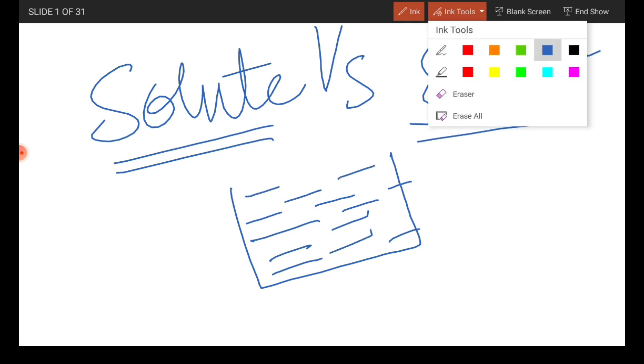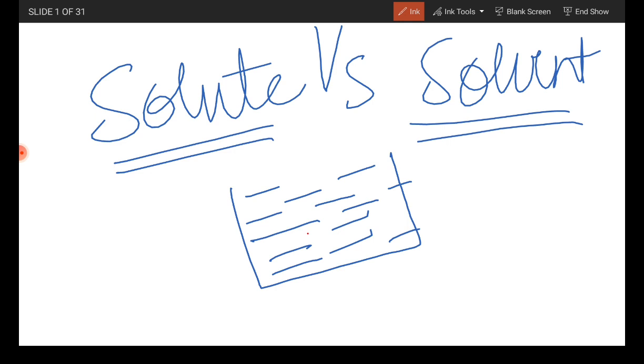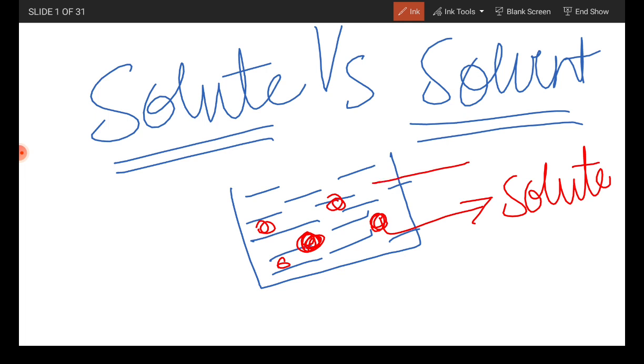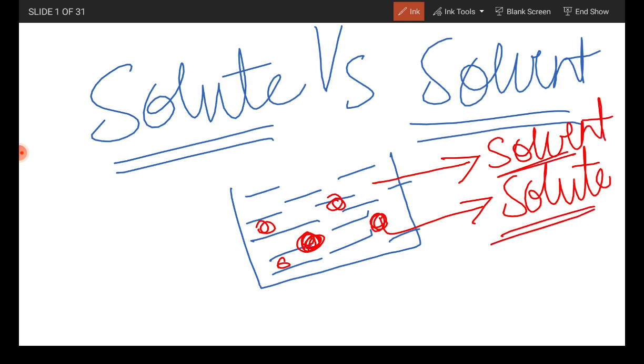Let us put some sand in it. The sand inside the beaker, these sand particles are called solute. The water inside the beaker is called solvent. Okay, this is the basic meaning of the terms solute and solvent.